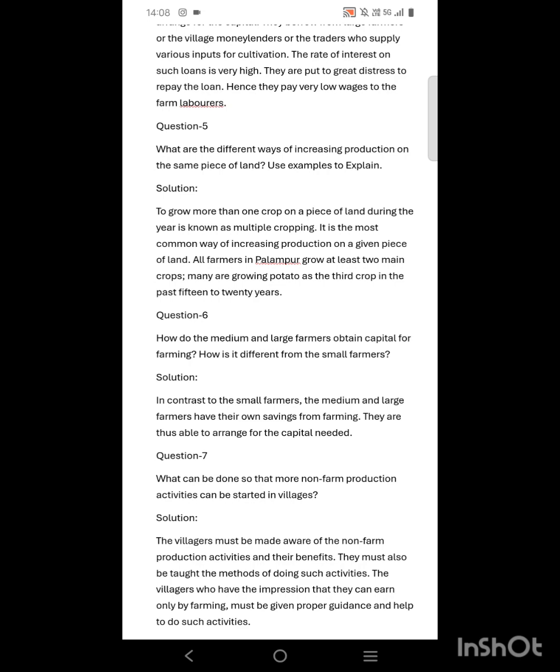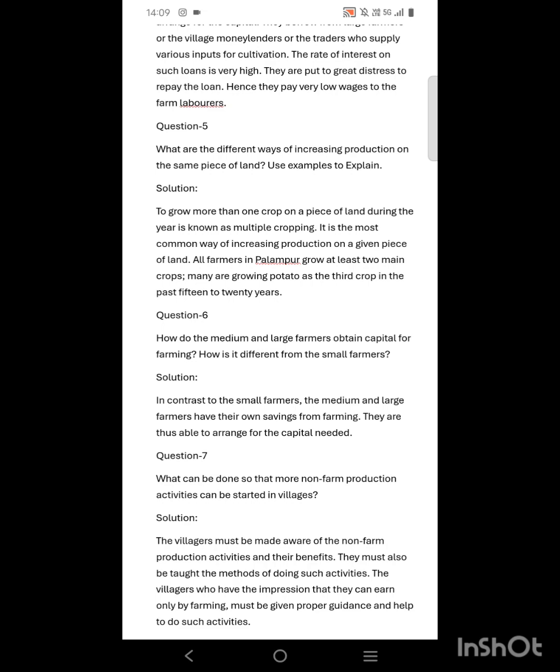All the farmers of Palampur grow at least two main crops, and many are growing potato as their third crop. So, in the village of Palampur, they grow at least two crops in different seasons, and some also grow potato as a third crop in the past 15 to 20 years.